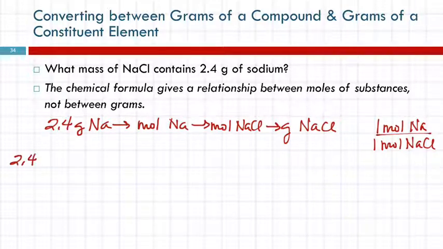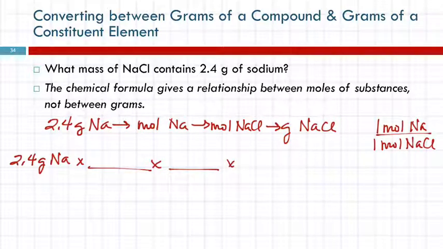So now, this is where dimensional analysis is really going to start paying off for you. So I've got this path, grams of sodium to moles of sodium to moles of sodium chloride to grams of sodium chloride. It's really important to have that in place. 3 arrows, 3 conversion factors. We're doing the same thing, just with some kind of weird looking units. So grams of sodium to moles of sodium.